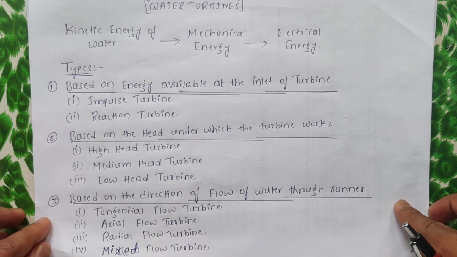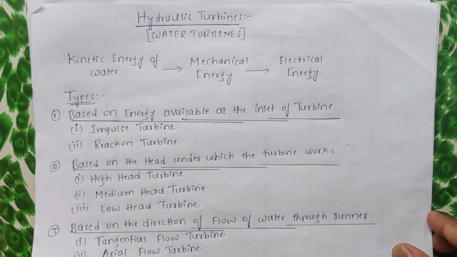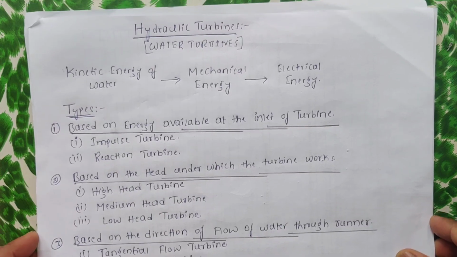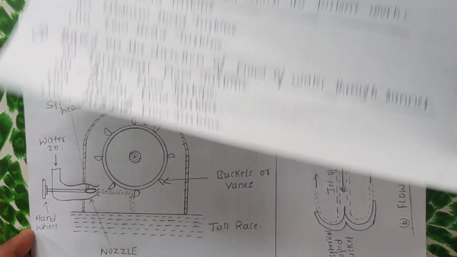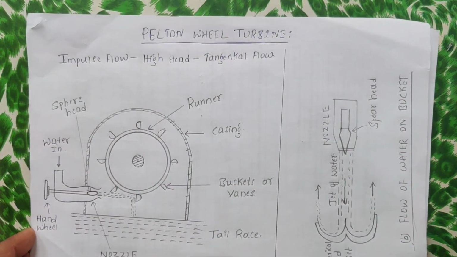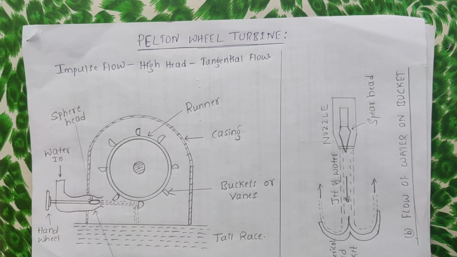Hope you understood this. There are three important types of turbines for your syllabus: the Pelton wheel turbine, the Kaplan turbine, and the Francis turbine. In this video, we will study the Pelton wheel turbine.